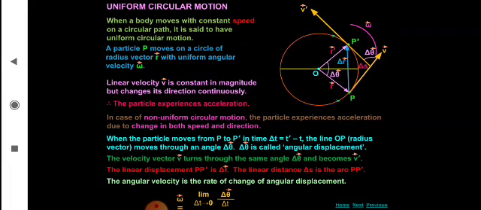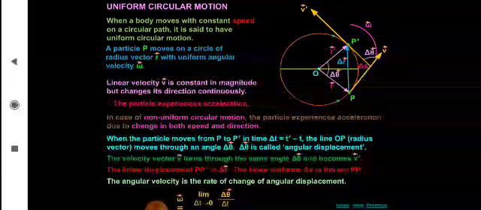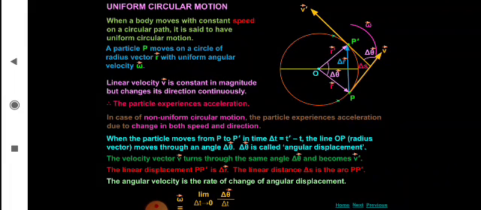The linear distance delta s is the arc P to P dash. Therefore, the angular velocity is the rate of change of angular displacement. So angular velocity is represented by vector w, that is equal to vector delta theta divided by delta t. So angular velocity vector w is equal to limit delta t tends to 0, delta theta divided by delta t.